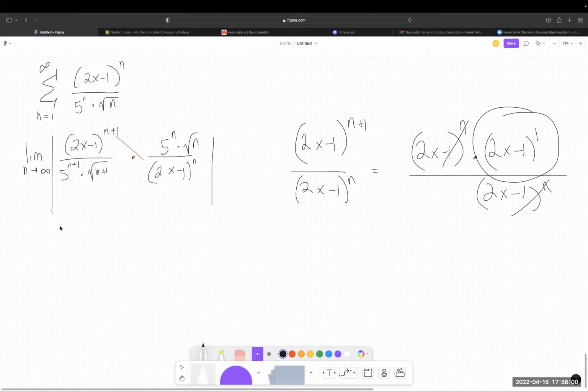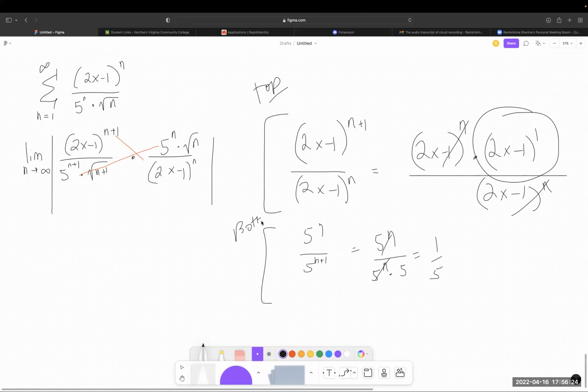We're left with 2x minus 1 in the top. Let's just keep that in mind. Now let's isolate another target, which is 5 to the n over 5 to the n plus 1, which is 5 to the n over 5 to the n times 5. This is equal to 1 over 5 in the bottom.